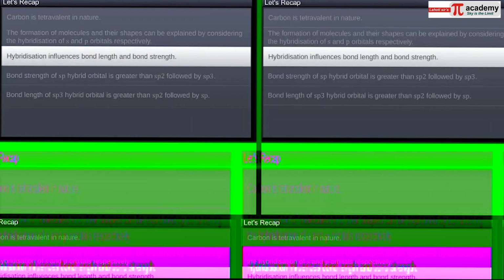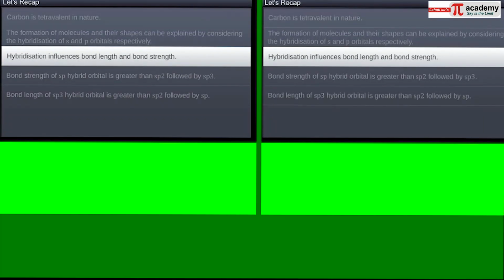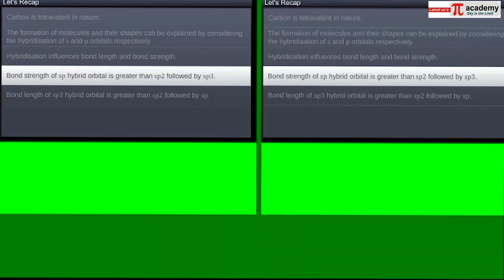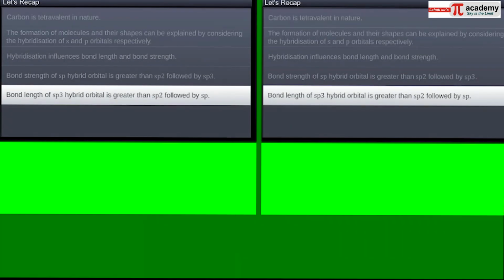Hybridization influences bond length and bond strength. Bond strength of sp hybrid orbital is greater than sp2 followed by sp3. Bond length of sp3 hybrid orbital is greater than sp2 followed by sp.